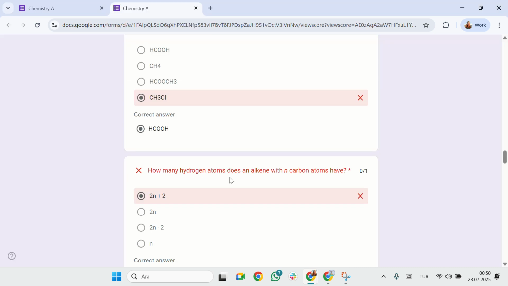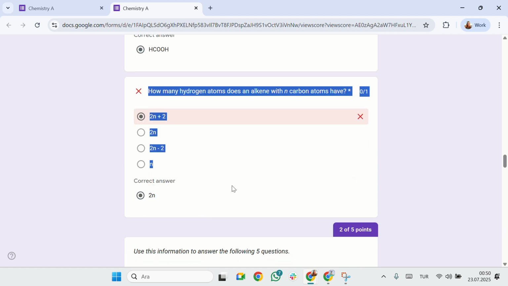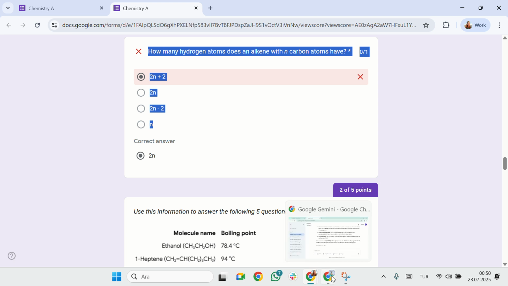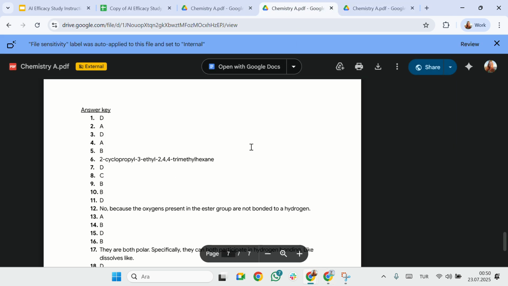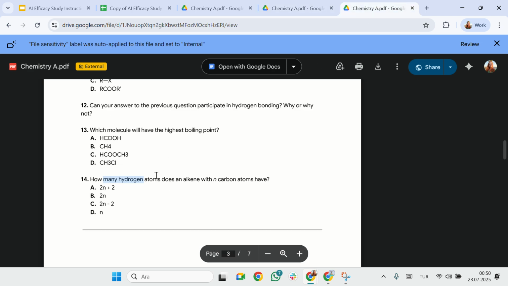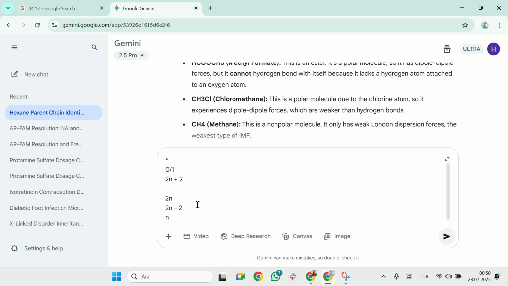How many hydrogen atoms does an alkane with N carbons have? Okay, I have to ask this. Correct answer is 2N. Let's check it from here as well. 14. 2N, yeah. Okay. What was that?